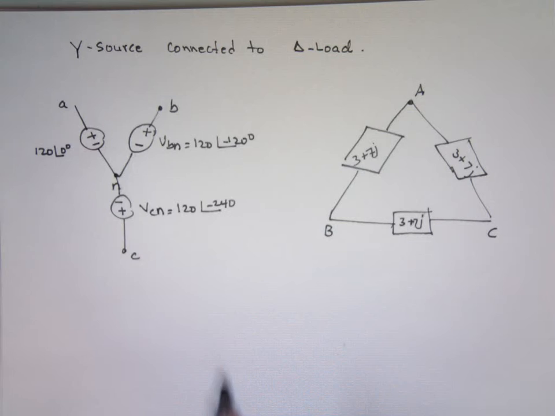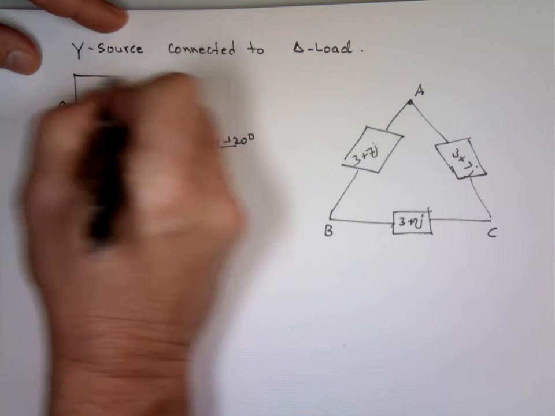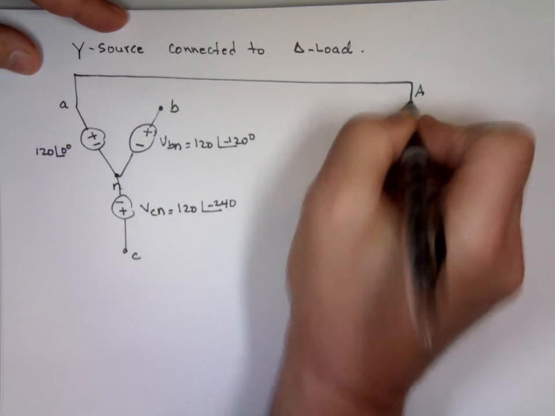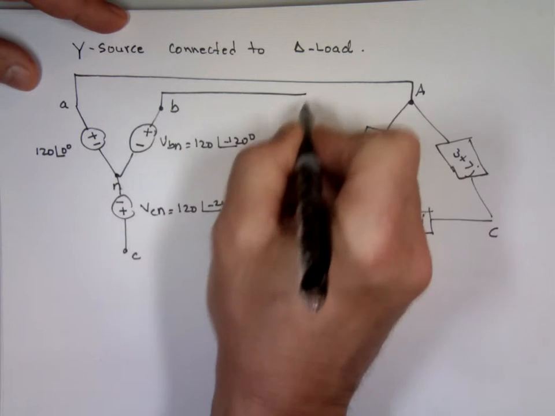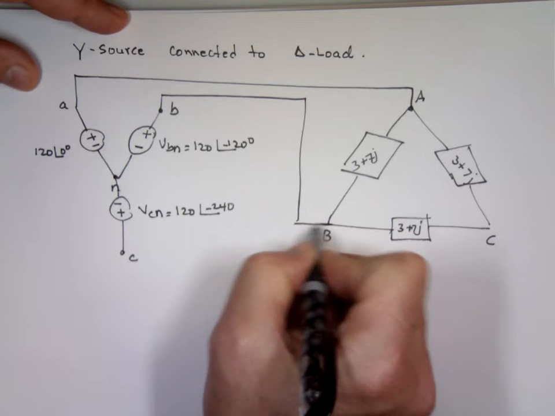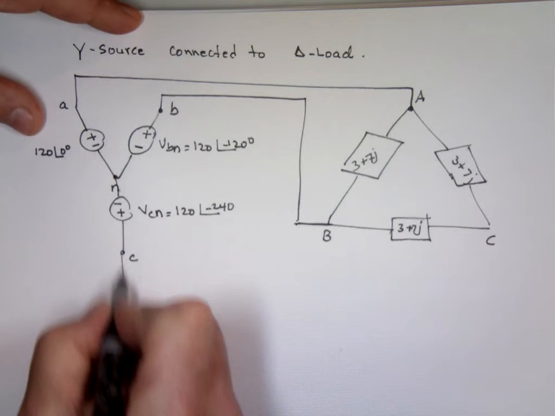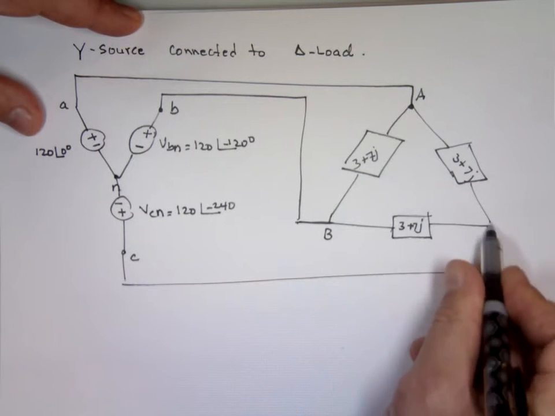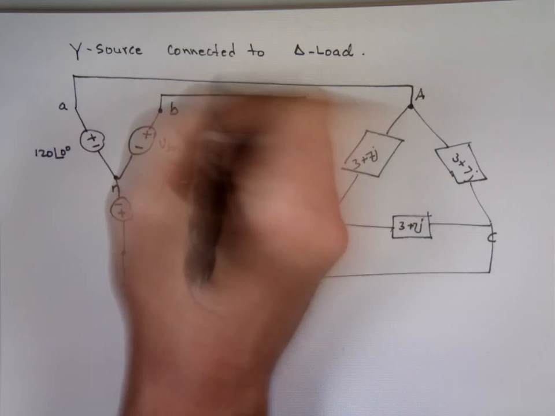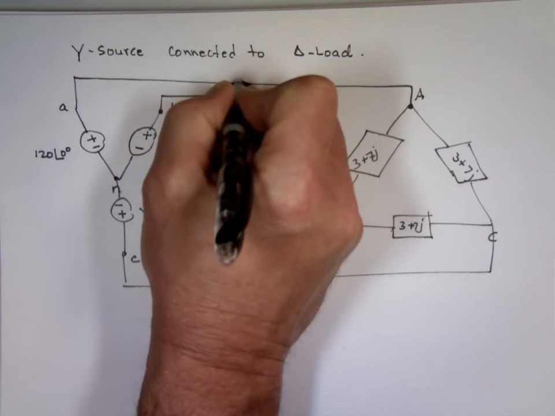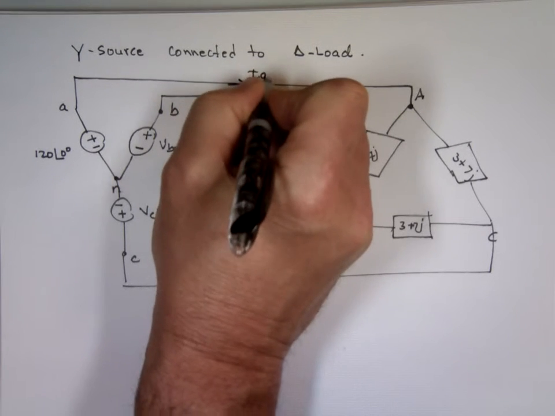So when you connect them, A is connected to A, B is connected to B, and C is connected to C. The problem here is when you're watching the current, this is A and A, this current going in, we'll call it I sub AA, the line current.